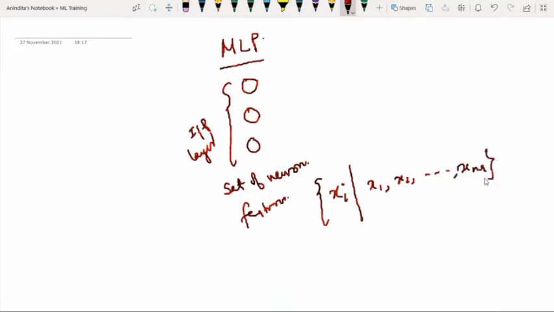This is all about the input layer. They are representing input features.